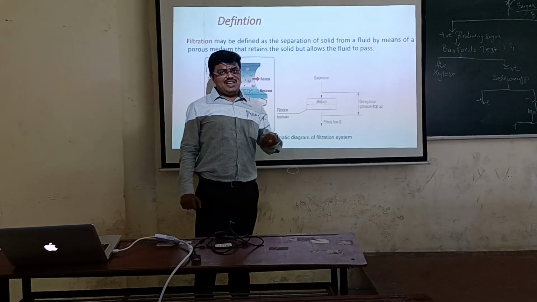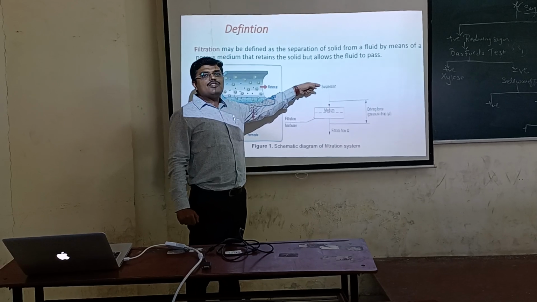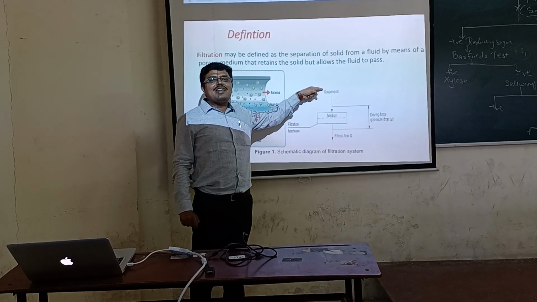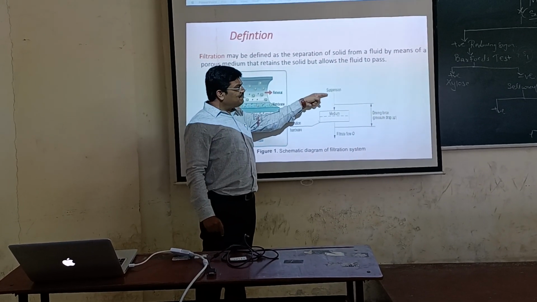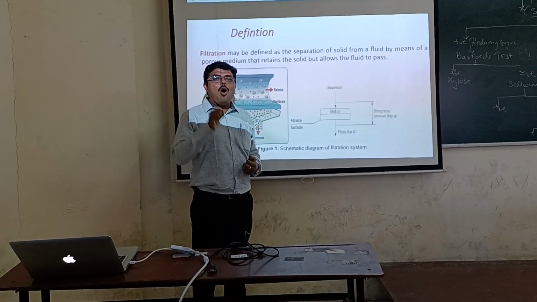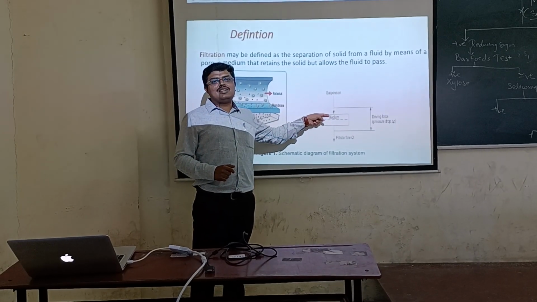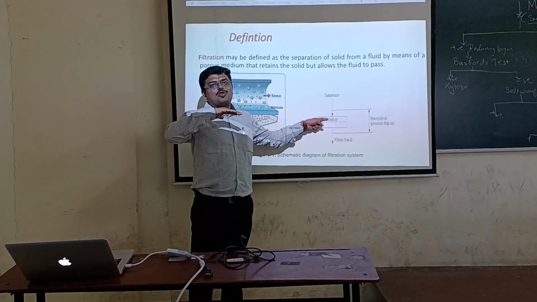Whatever you add must be available in the form of a suspension. We are using the word mixture. From this mixture, you carry out a separation of your desired liquid, and whatever solid particles are there remain on the top.